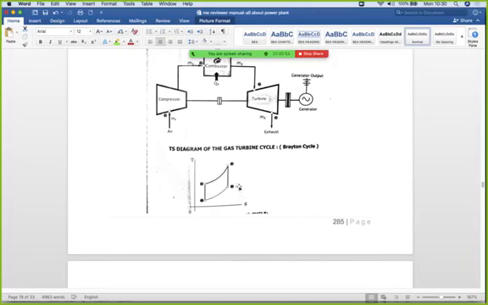So we have here, start at point 1 at low temperature, then go to the second temperature because of compression. You have to typically compress the air. Then 2 to 3, this is where the combustion starts, and 3 to 4 the expansion.